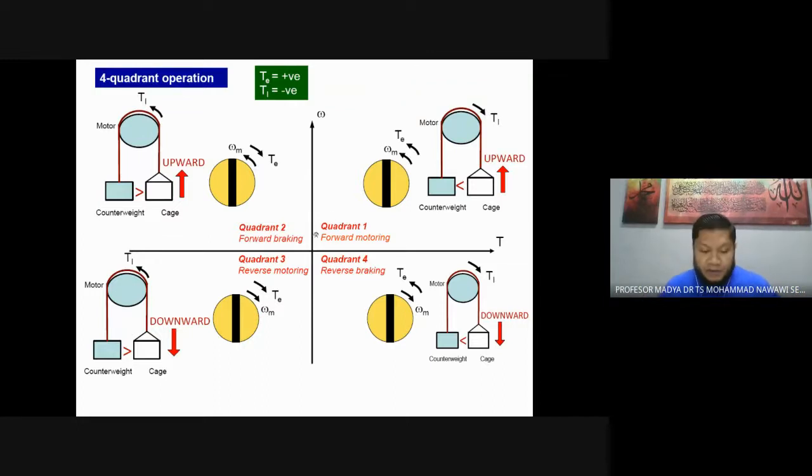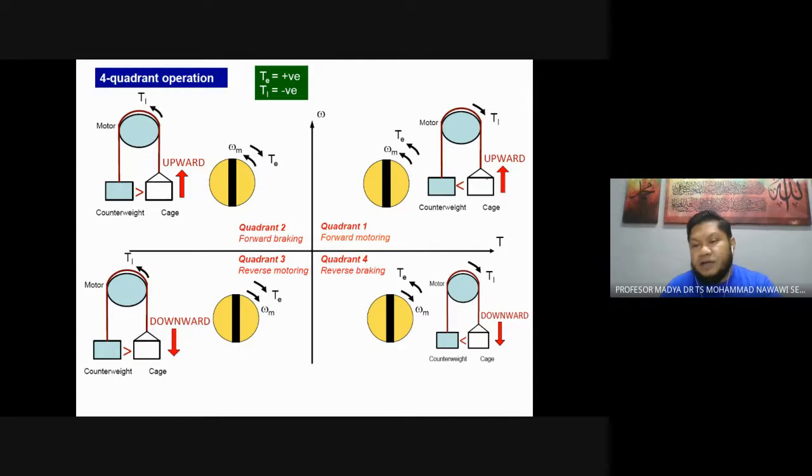So first, let's have this counterweight. This cage, the weight is higher than the counterweight, and of course, you want it to move upward.